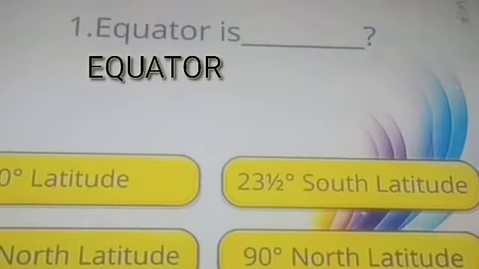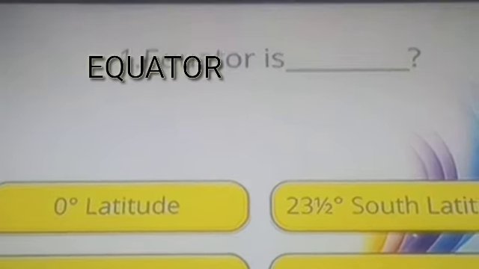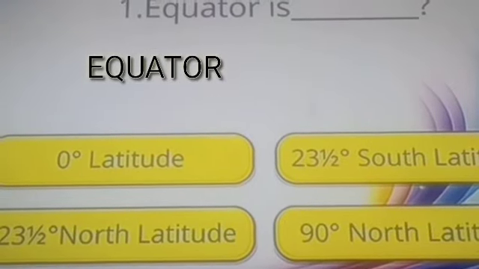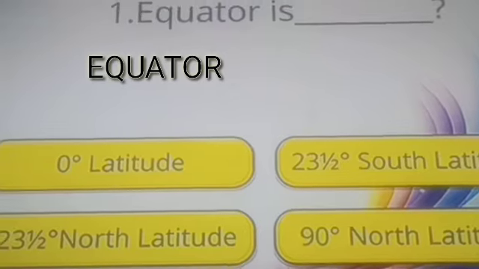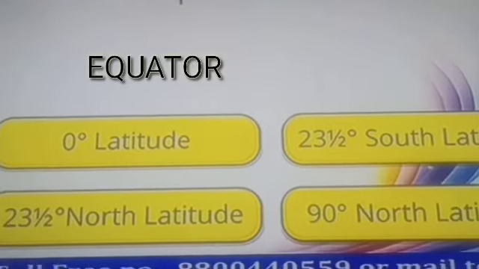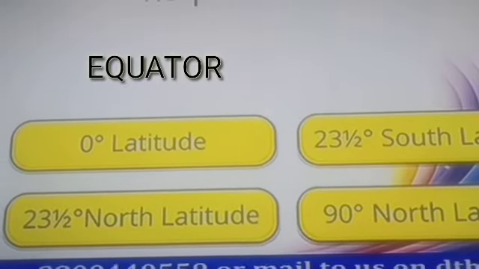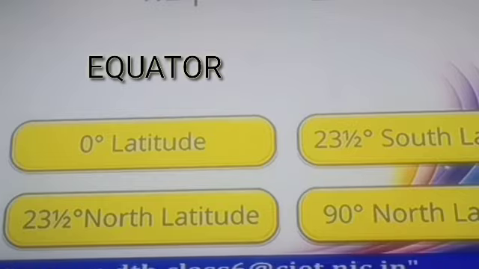Now, let us try to answer these questions. What we have to do? We have to select the right option from the given options shown on the TV screen and answer the questions. The first question is, equator is 0 degree latitude, 23.5 degrees south latitude, 66.5 degree north latitude, or 90 degree north latitude.